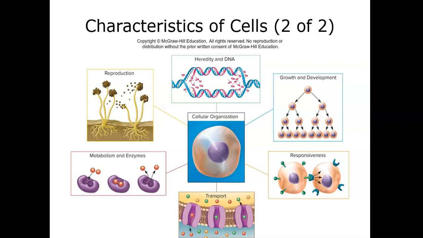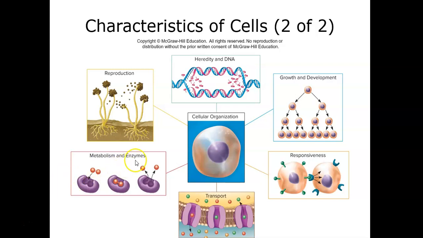So the end of the word will always be an ASE. For instance, something like permease or ligase, all of those end in ASE, which denotes that they are enzymes. So that's just a little trick for you to carry on throughout your science classes, throughout your eventual clinical programs, to understand what that ASE ending represents.